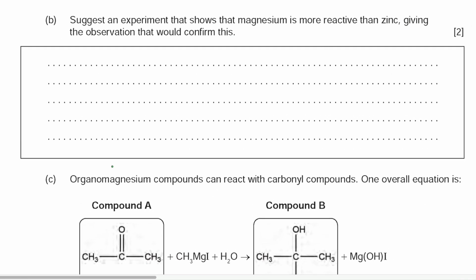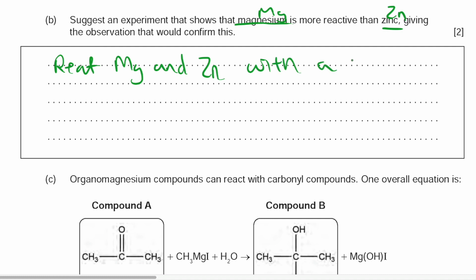Suggest an experiment that shows that magnesium is more reactive than zinc, giving the observation that will confirm this. So magnesium and zinc. One method we can use is to react both elements, magnesium and zinc, with nitric acid, right?